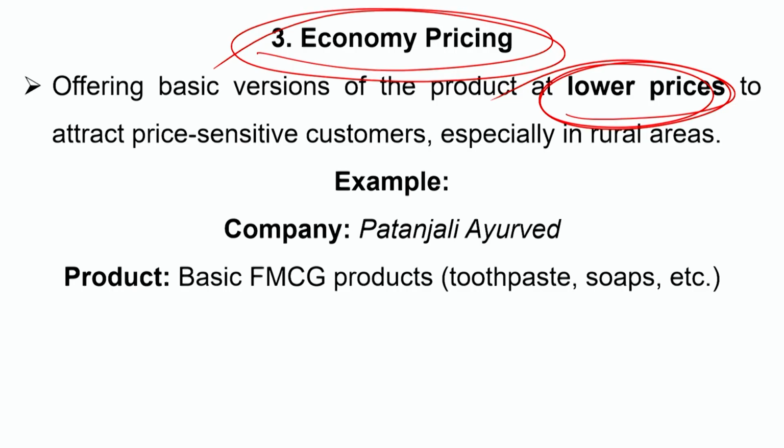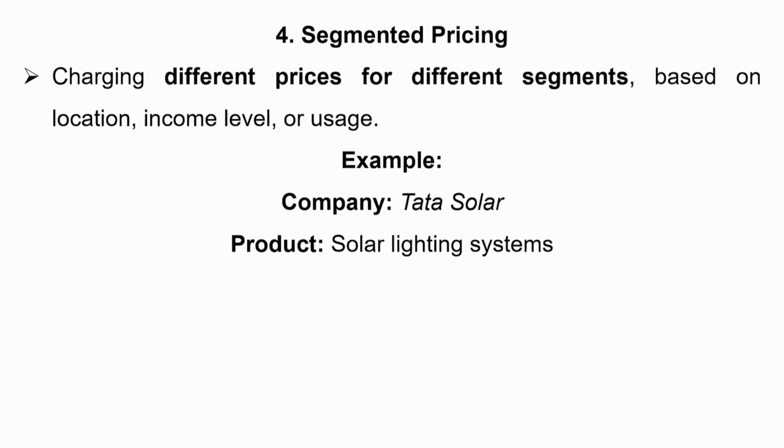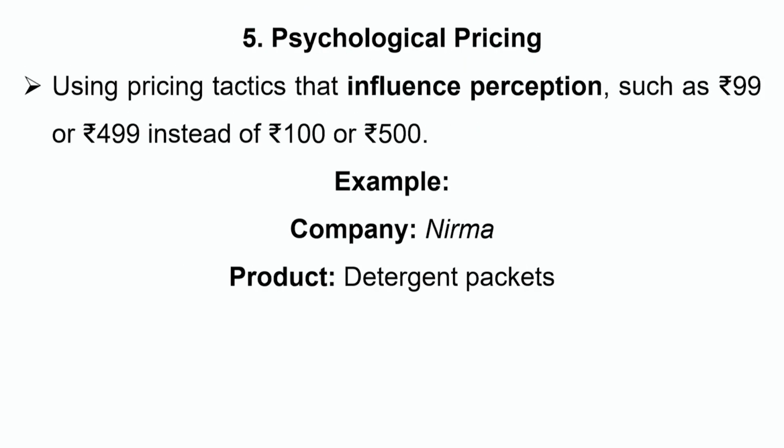Because the need and demand for small packets is huge in rural areas. So economic pricing can also be done. Segmented pricing: pricing can be done on the basis of segmentation. As I told you, on the basis of income, pricing can be done. Low profile people, low quality of product. Middle, middle. Above, above. This is categorized on the basis of segmentation.